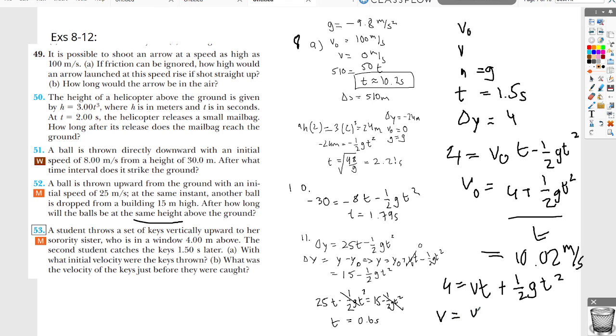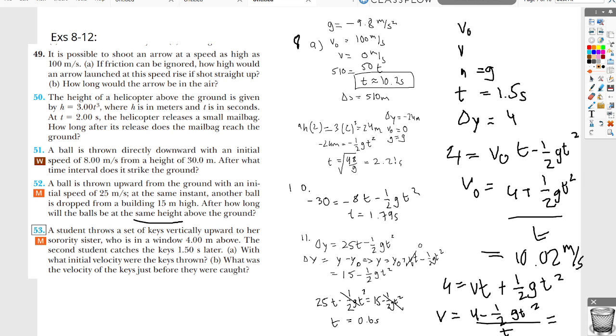So v is 4 minus 1 half gt squared over t, and substituting, that's giving me a negative number. That is not what I'm supposed to get at all.